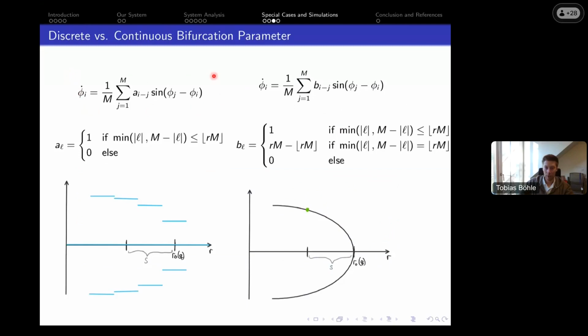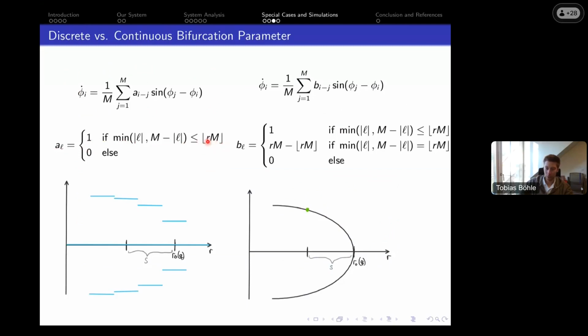So remember that this is the finite dimensional Kuramoto model, and the coefficients A_l are given by this formula here, as I've also put on some of the previous slides. But the problem is that this involves rounding.